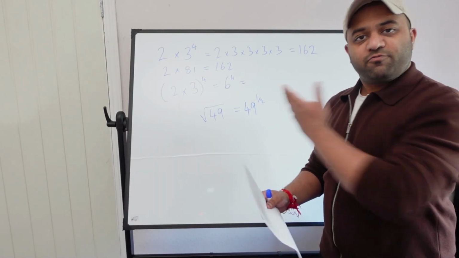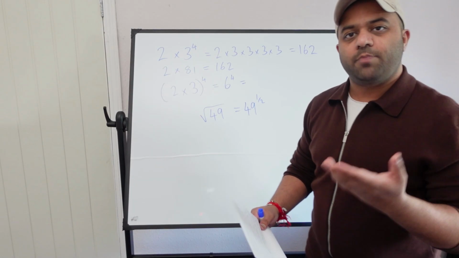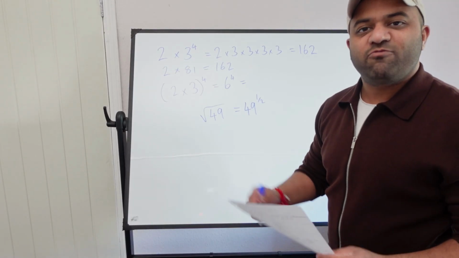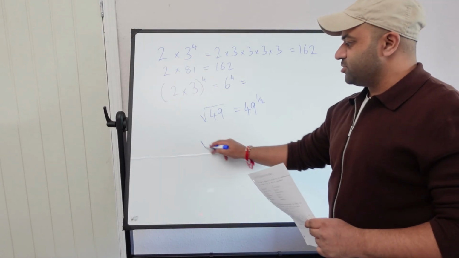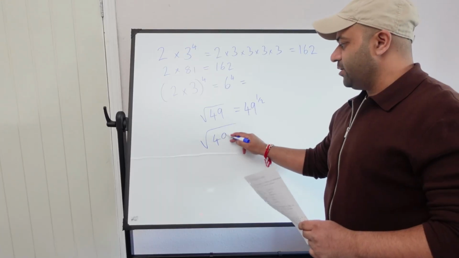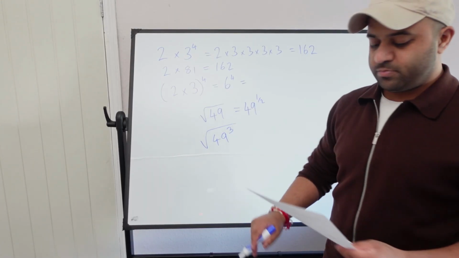So following on from this then, if square roots are powers, then what about if we have something like this? The square root of 49 to the power of 3.